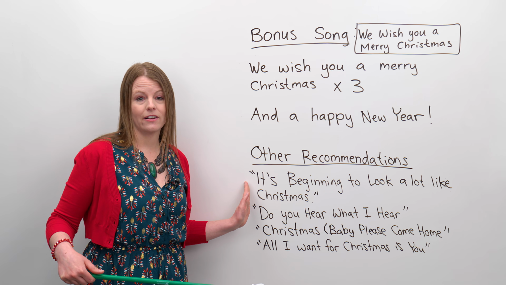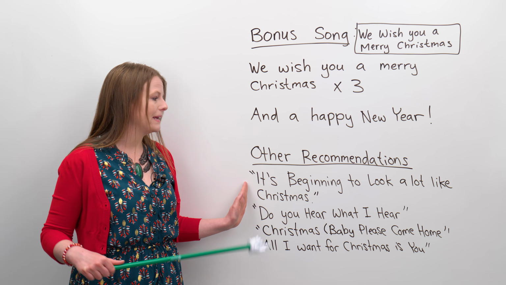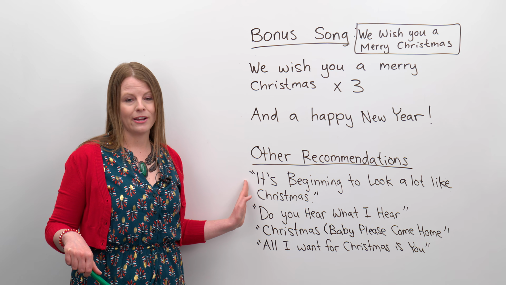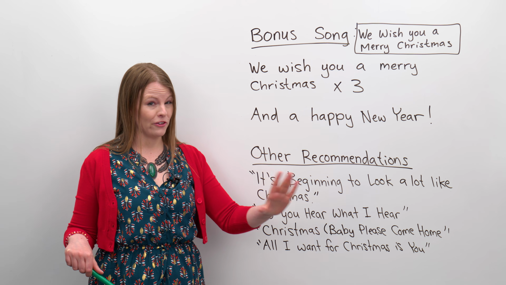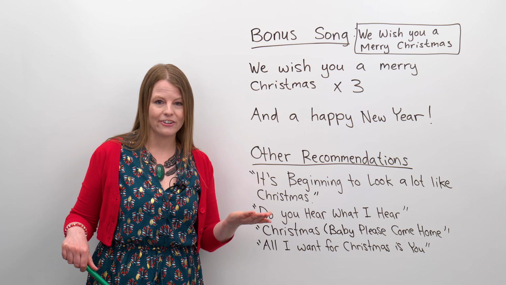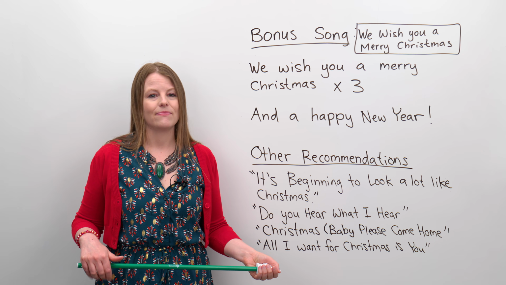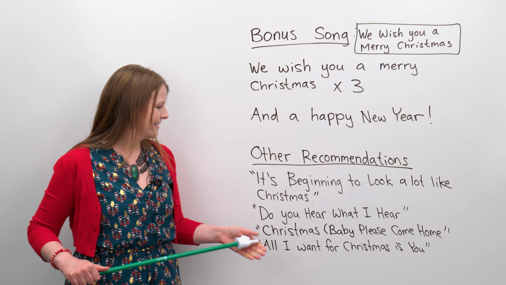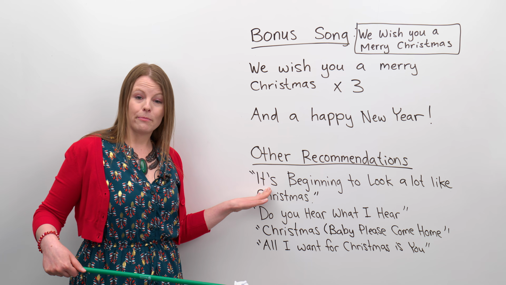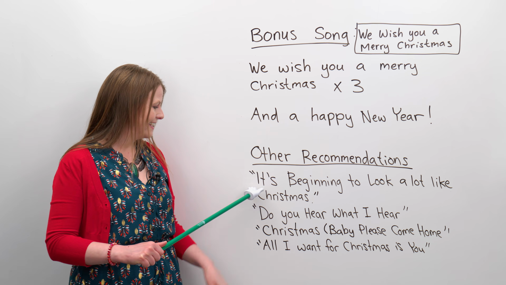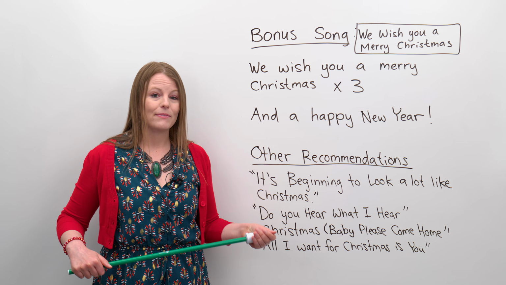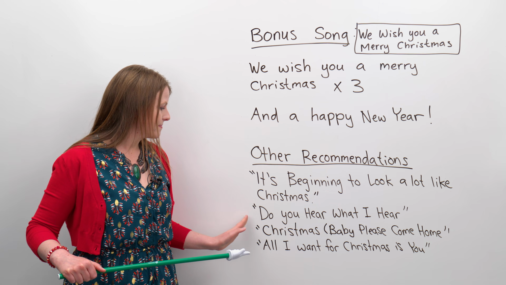So the first song I really like is It's Beginning to Look a Lot Like Christmas. This is a great song because it's a slow song, so you can really hear the words. It's easier for students to listen to this song than other songs. And you'll also notice it has the present continuous in it. It is beginning with ing. So this is a great song to learn.